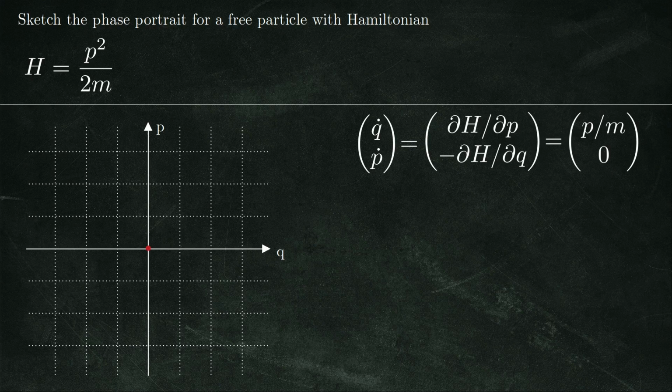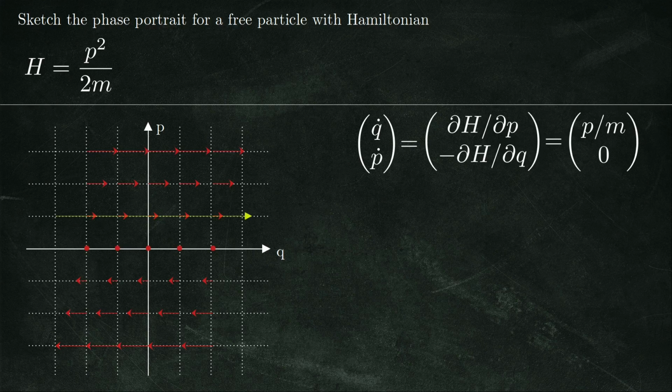As we go up the p-axis, q is 0, but as p increases, q dot increases linearly. And similarly, as we go to the negative p part of the graph, it's exactly the same, just reflected. And then because this vector field doesn't depend on q, as we increase q and decrease q, it's exactly the same. Now let's plot a couple of example trajectories.